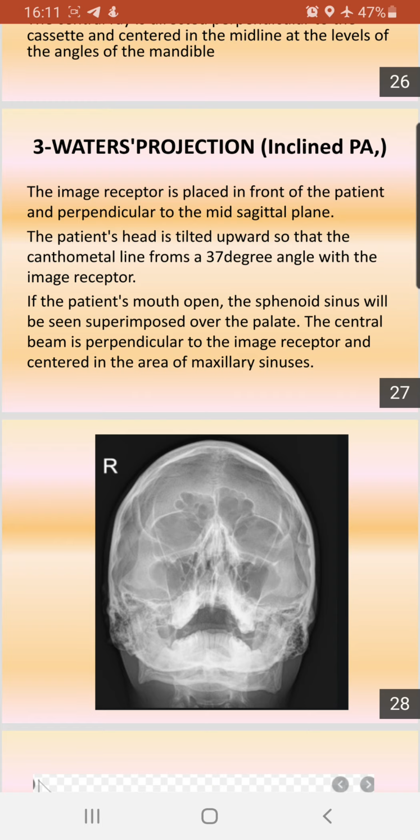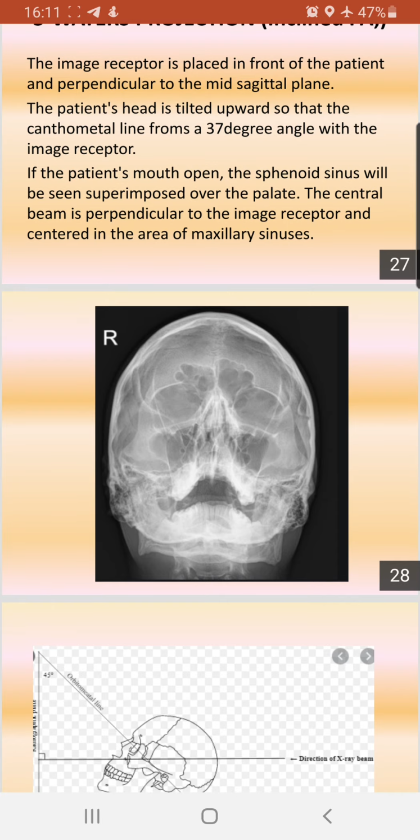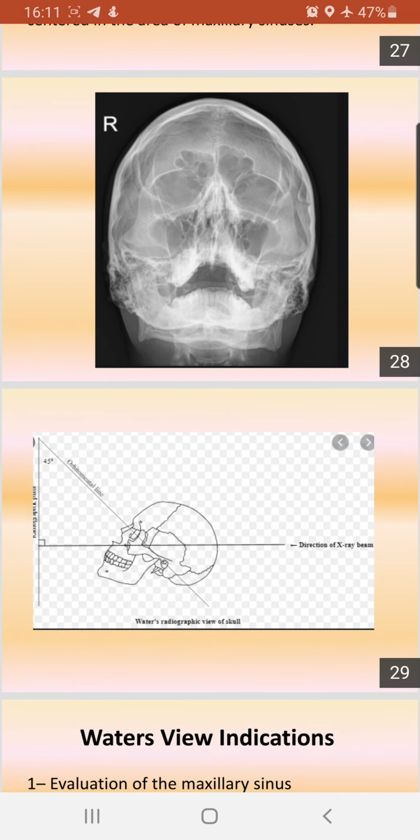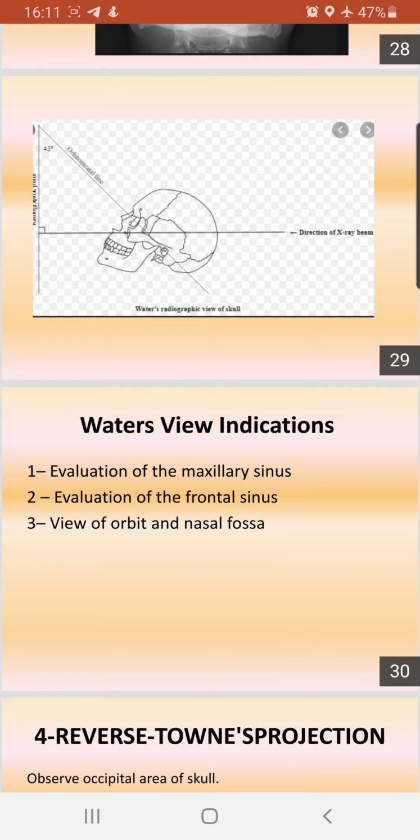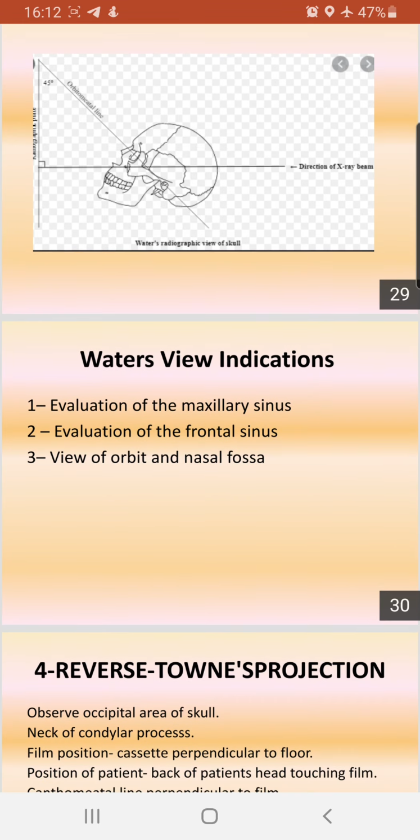The central beam is perpendicular to the image receptor and centered in the area of the maxillary sinus. This is the Waters view, and this shows the patient position. Its indications include evaluation of the maxillary sinus, evaluation of the frontal sinus, and a view of the orbit and nasal fossa.